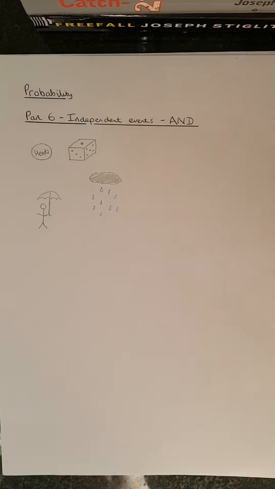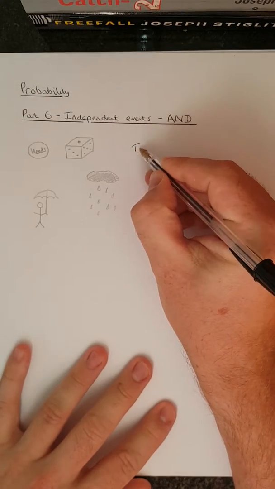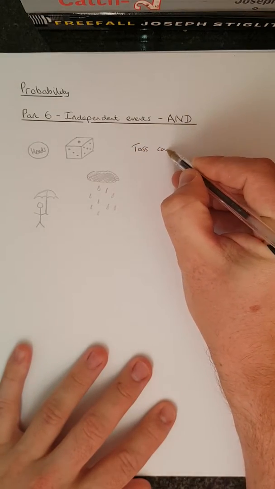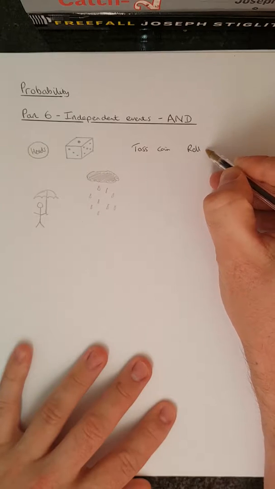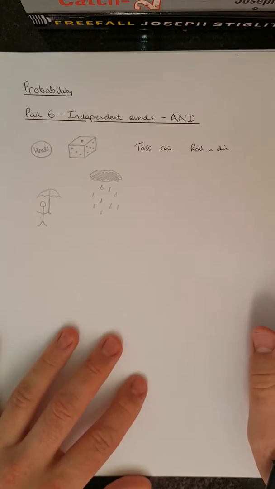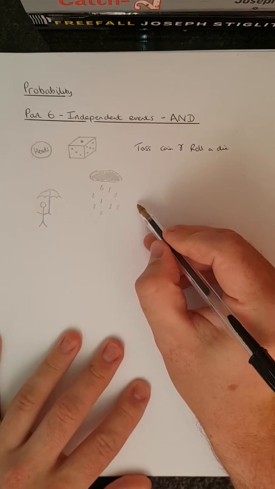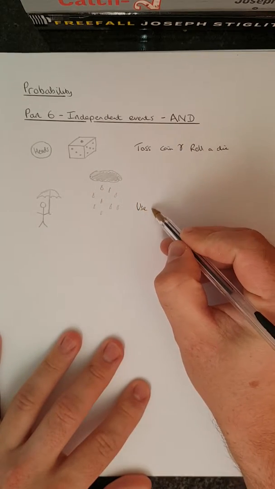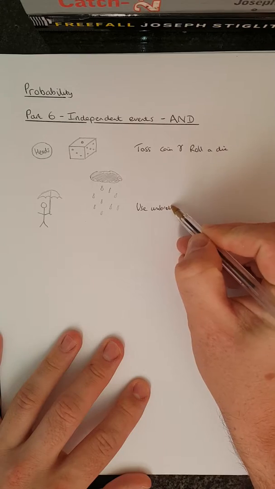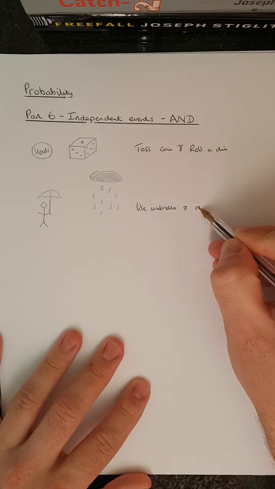What does independent mean in terms of probability? Well, let's imagine that I toss a coin and I roll a die. Then let's look at a pair of events: that I use an umbrella and that it rains.